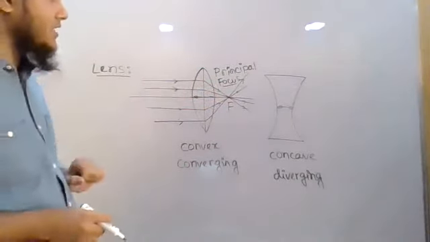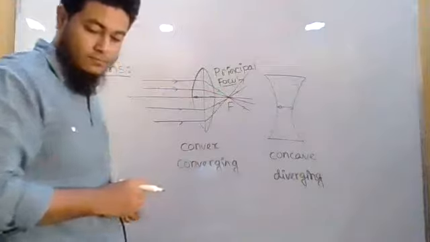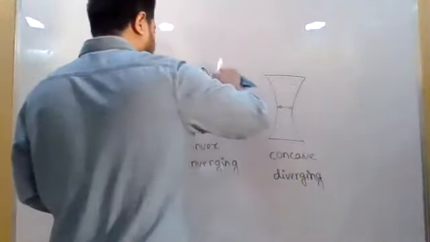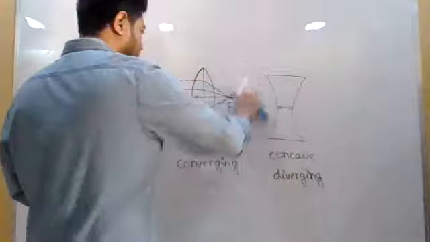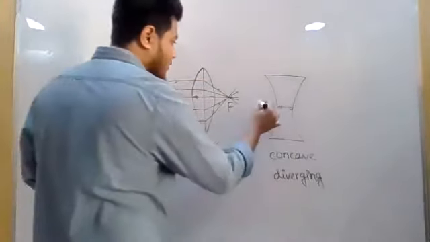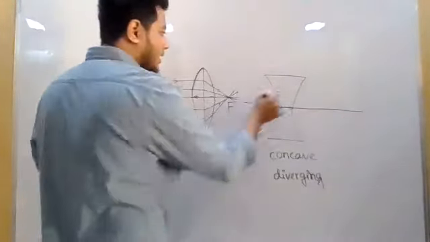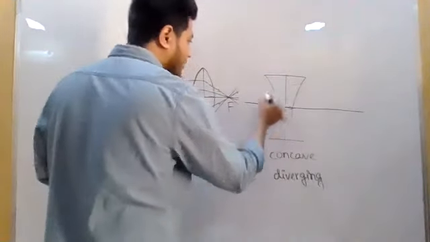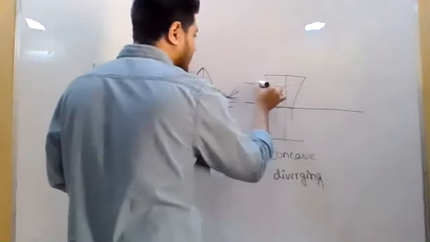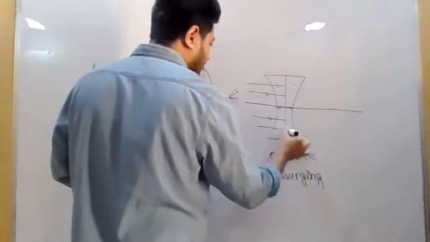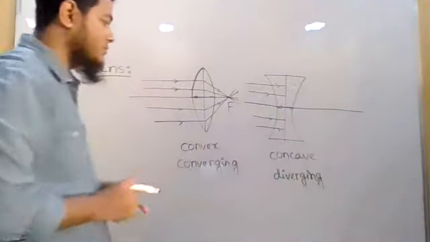Now, what is the case with concave? Let us see. Here, let me draw the principal axis, and all the light rays that are incident parallel to the principal axis. What is supposed to happen?